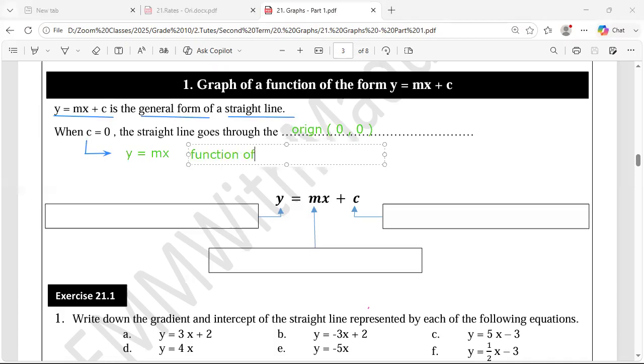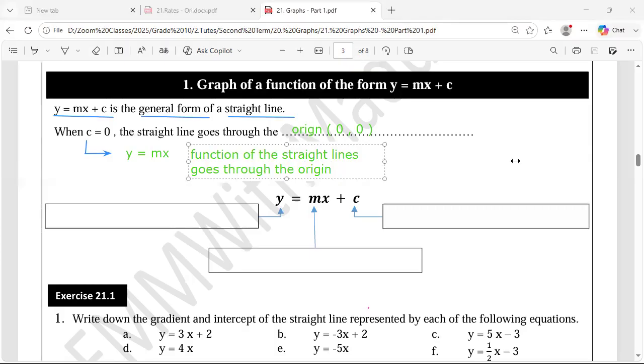The function of the straight line goes to the origin.